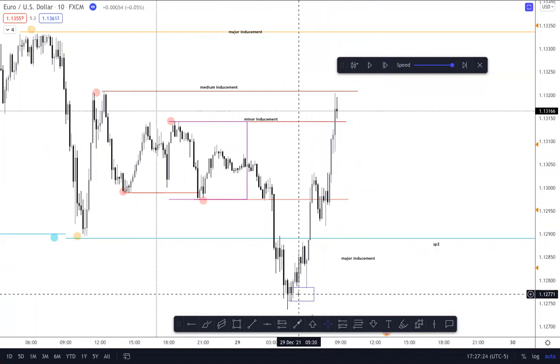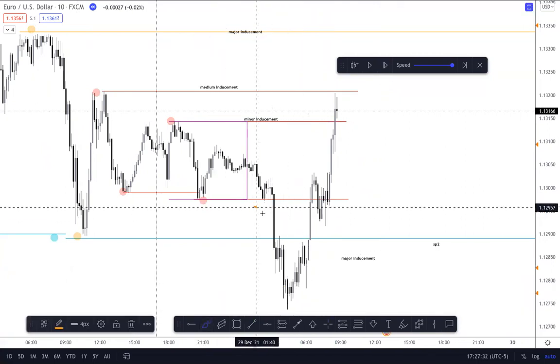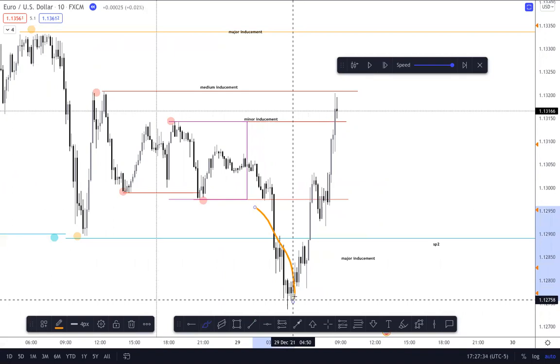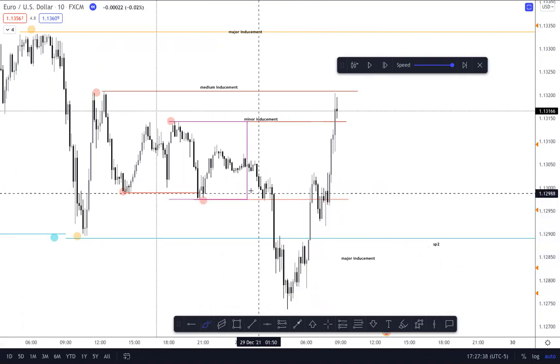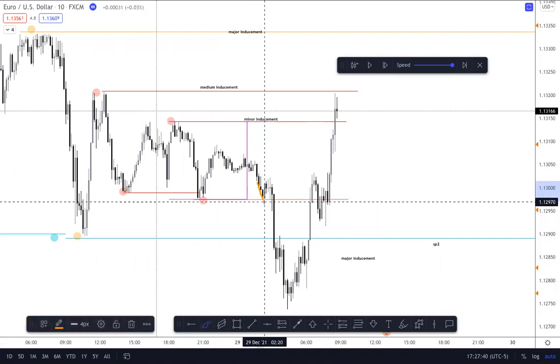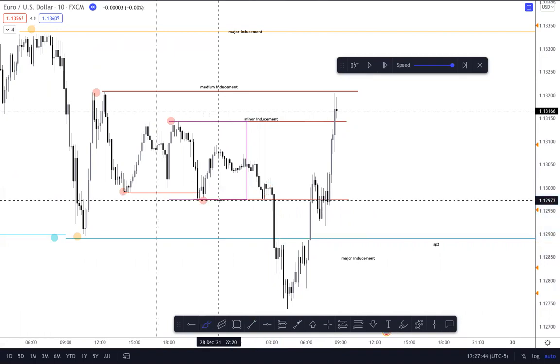We are going to go over these so much. All right, so don't worry. We're gonna have plenty of examples. What I want you to notice is look how we swept liquidity, and now we're moving up, right? Here we swept liquidity, right? And we could have had a continuation, right? That's what minor inducements are used for.